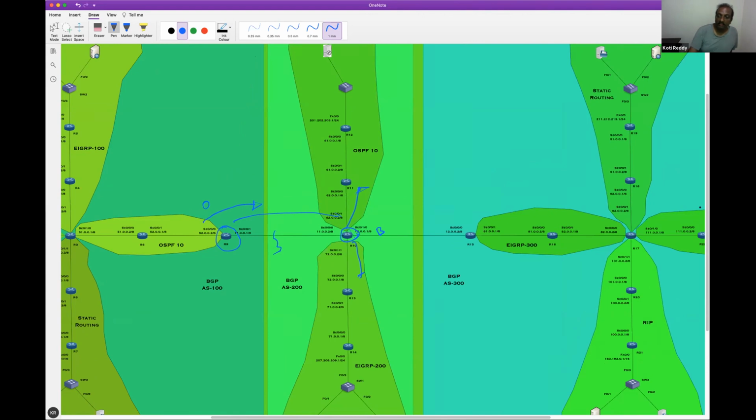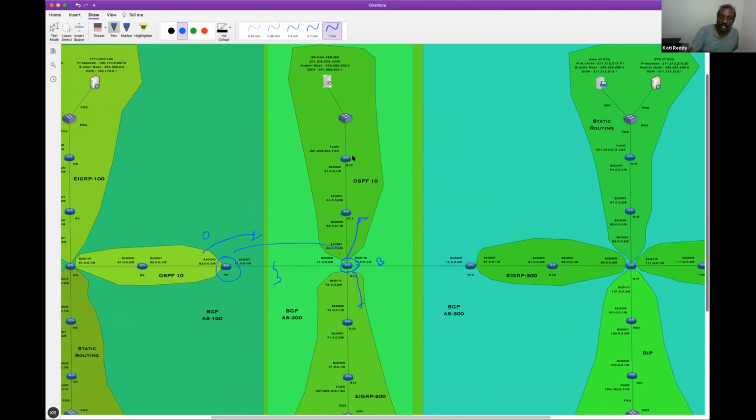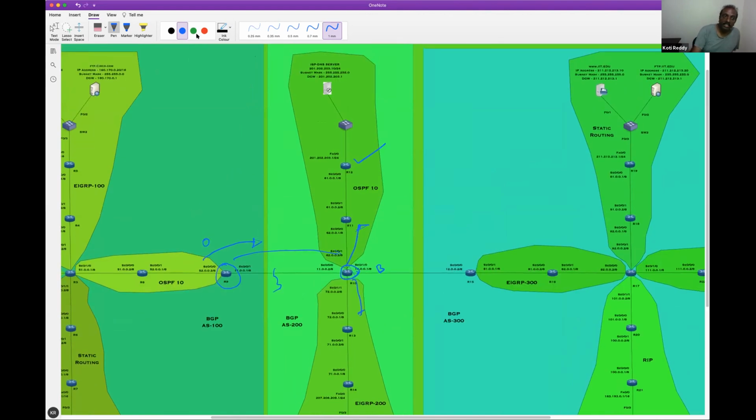If I go to R12 now and say show IP route, I don't see these 20, 30, 40, 50 networks. Why? They are still here only, as BGP routes. Only when I redistribute from BGP into OSPF will the OSPF domain here show all these routes.